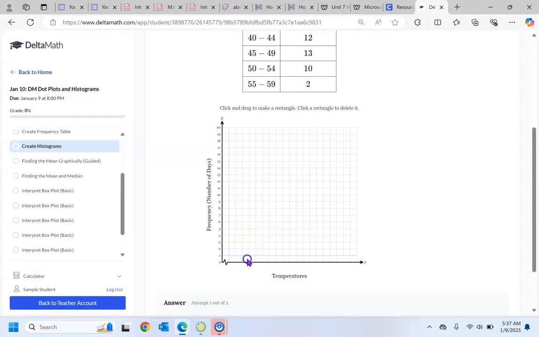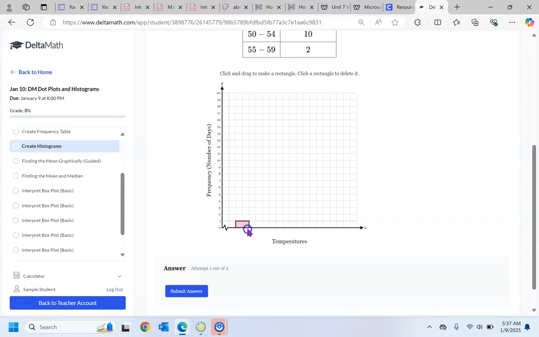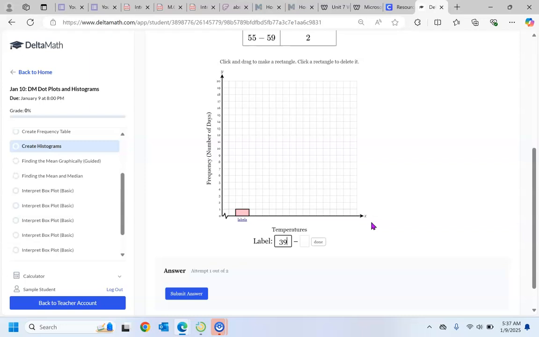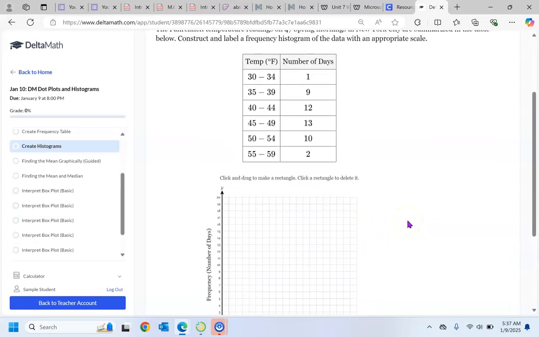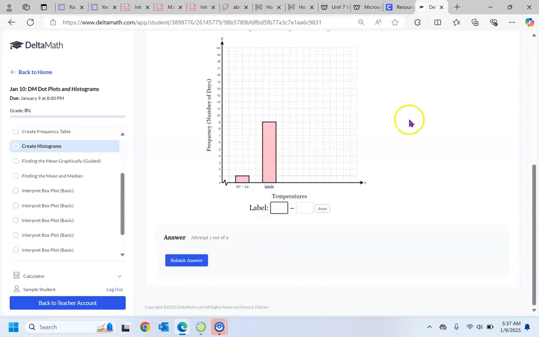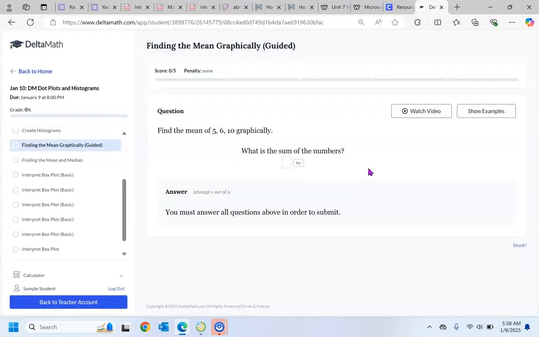So just hold on, my mouse is acting kind of weird. Alright, let's see. Okay. So then I would label it 30 through 34. And so on. Okay. 35 to 39. Number of days 9. Start here. Go up 9 days. Okay. And then label it like 35 to 39. Okay. This one I really like.